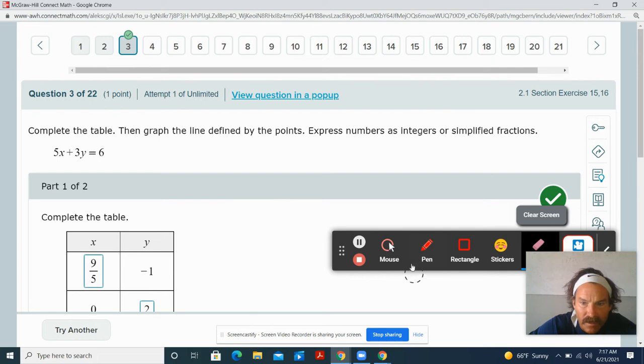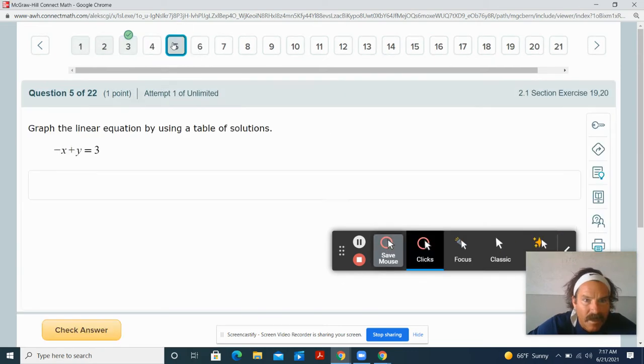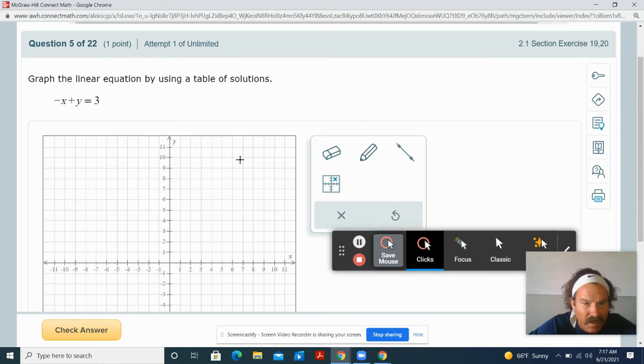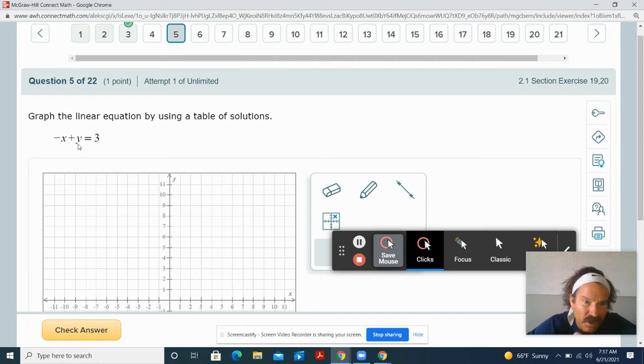Skip to number 5. 5 says graph the linear equation by using a table of solutions. It doesn't give you the table, so basically you can choose whatever numbers you want as far as the x's and the y's.